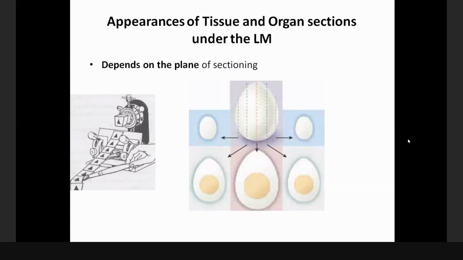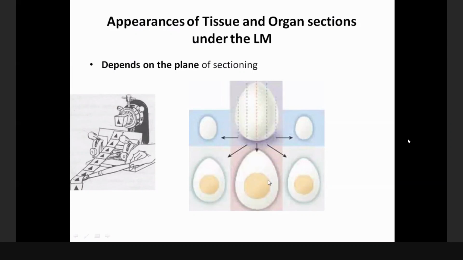For example, this is an egg. This egg in the histology lab under the microscope could appear as any one of these. These are all different sections or slides from the same egg. Their difference is only in the plane of sectioning.